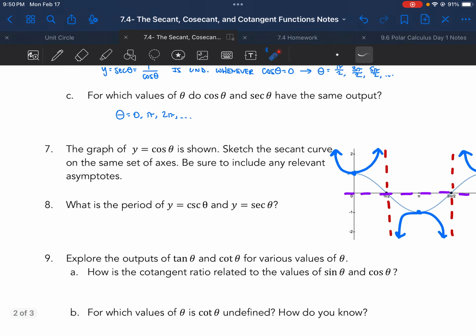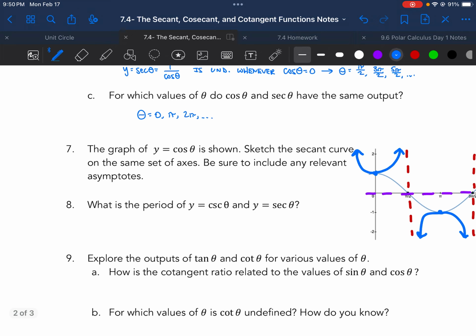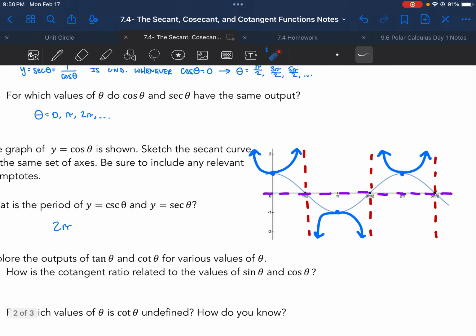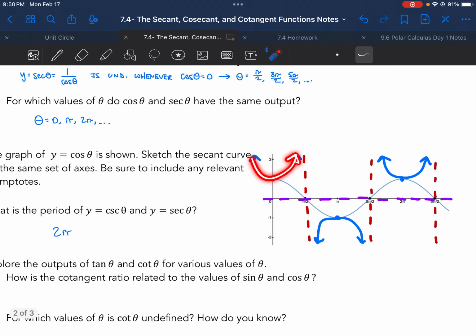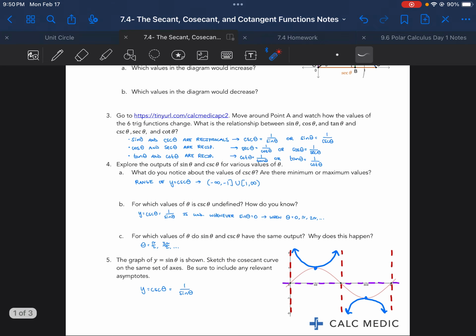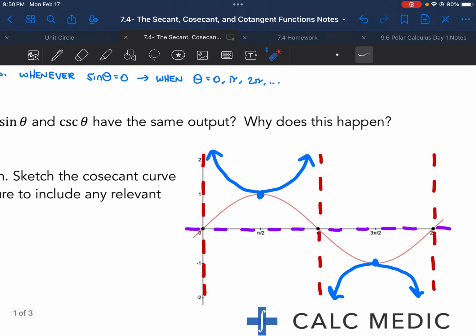The period for cosecant of theta and secant of theta is the same as the period for their reciprocals, sine and cosine. The period is 2 pi. Because it takes 2 pi for the upward shape and the downward shape to take place. Okay? You can see that very easily in cosecant.